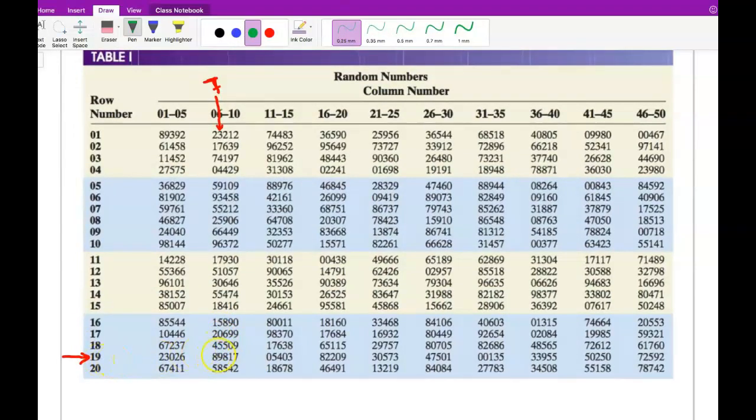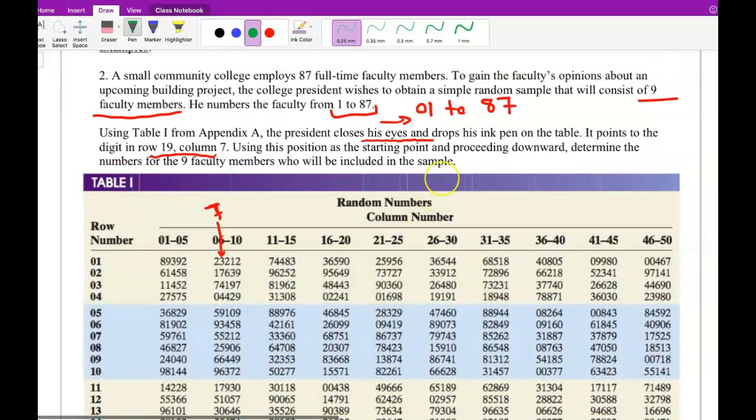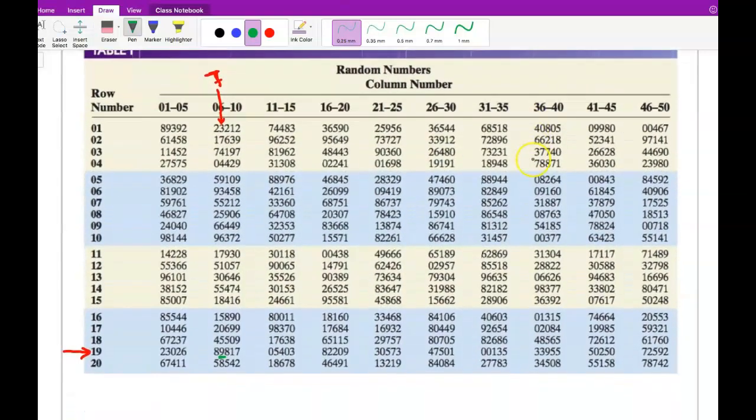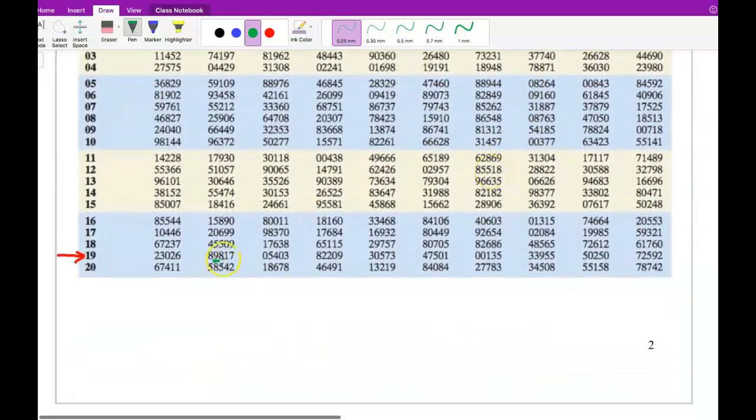Row 19, column 7, so this is where I should start. Since our numbers go from 1 up to 87, I shouldn't repeat, and I shouldn't accept numbers that are larger than 87.